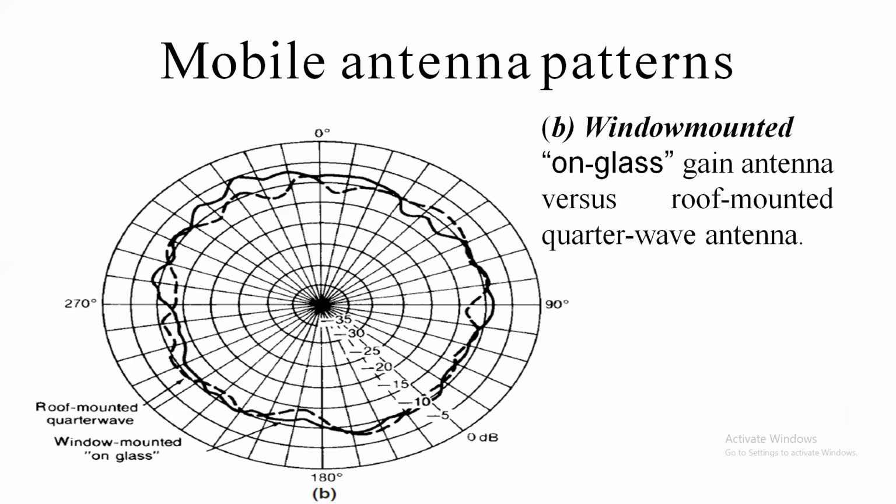There is a disadvantage in the glass mounted antenna, where the energy is dissipated through the glass, right? Generally, the gain of a glass mounted antenna is around 1 dB to 3 dB, depending on the operating frequency.